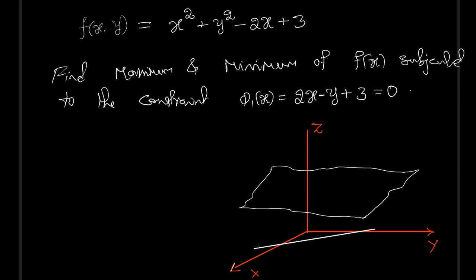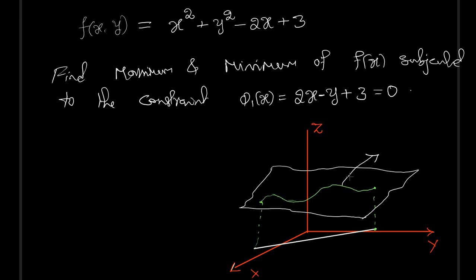Now corresponding to this line on the graph, we may find some curve like this. Something like this. And these endpoints are related to the endpoints here. Now what our interest is, we need to know the maximum or minimum of this function on the constraint.